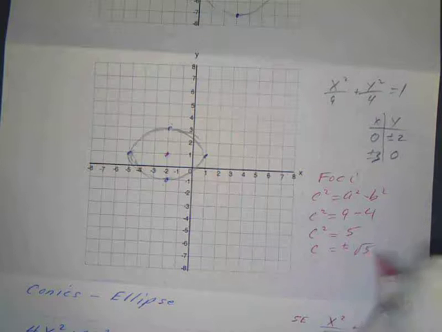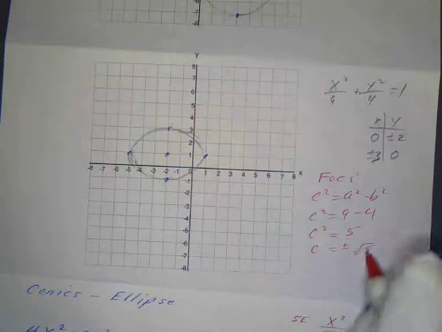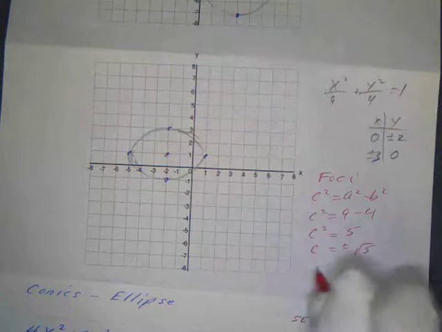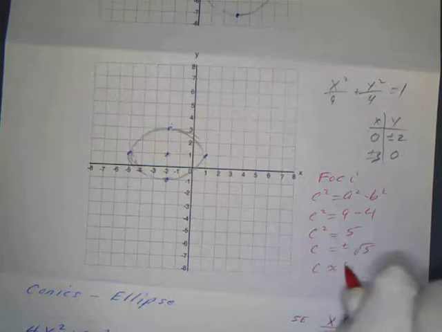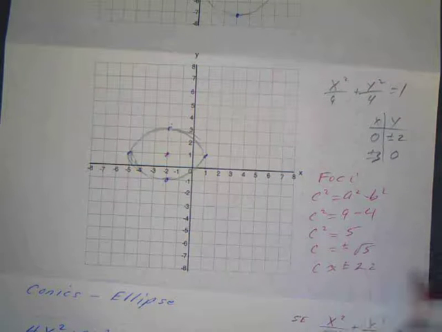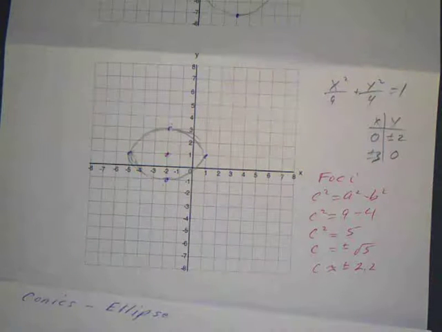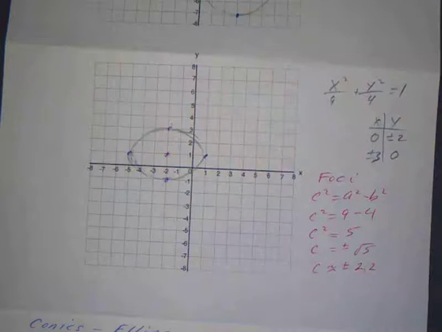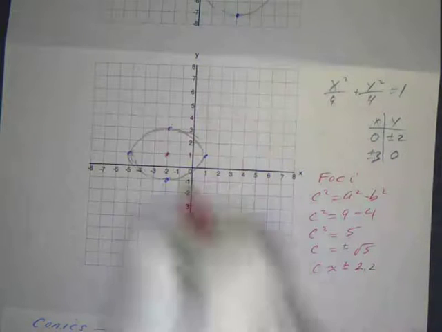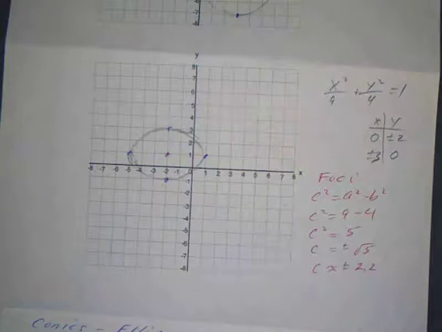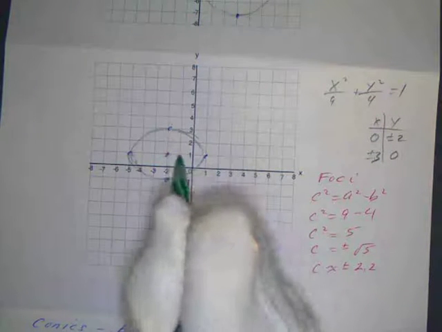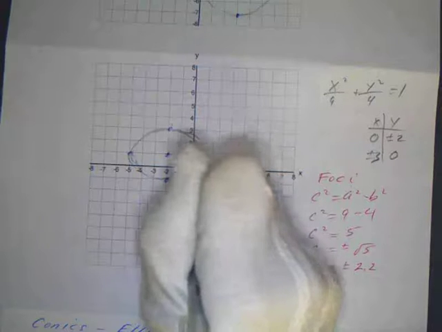And we could say that's about 2.2, because the square root of 4 is 2, so about 2.2 is a fair estimate. So we're going to go 2.2 from the center, to the right and back.